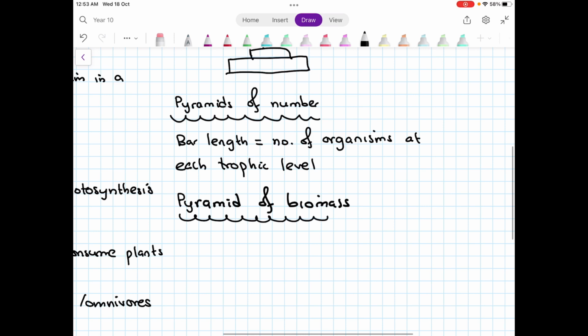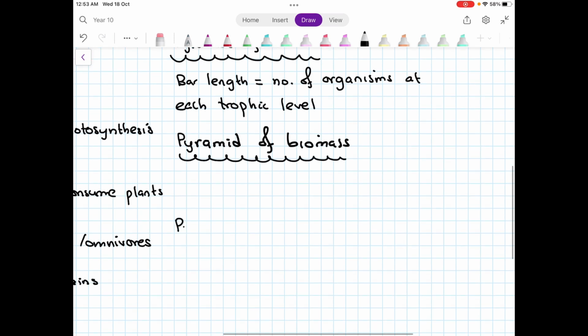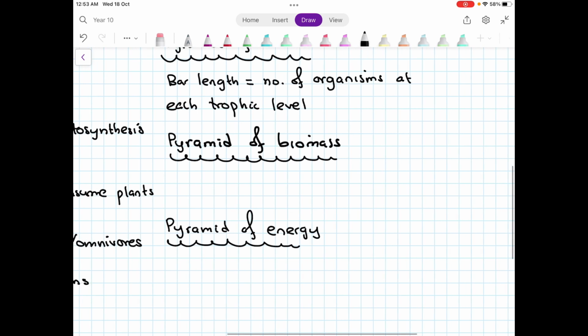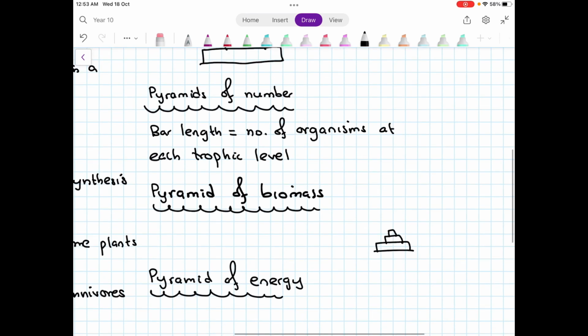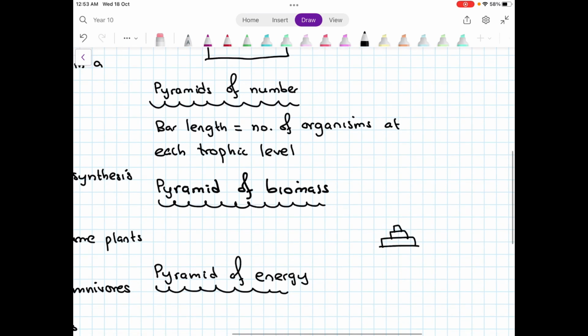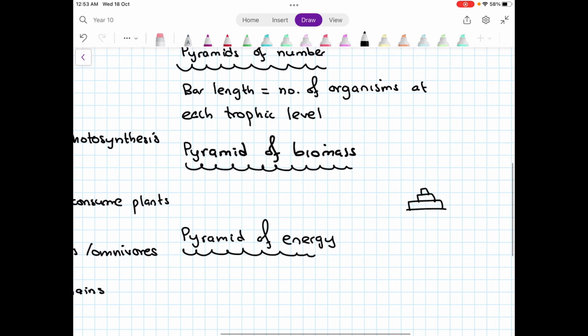Then we have pyramid of biomass and pyramid of energy. And in both of these, the shape will always be similar to a pyramid. It will never be inverted as we see in pyramids of number.